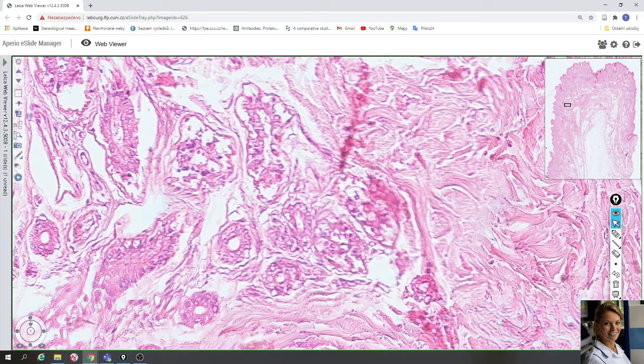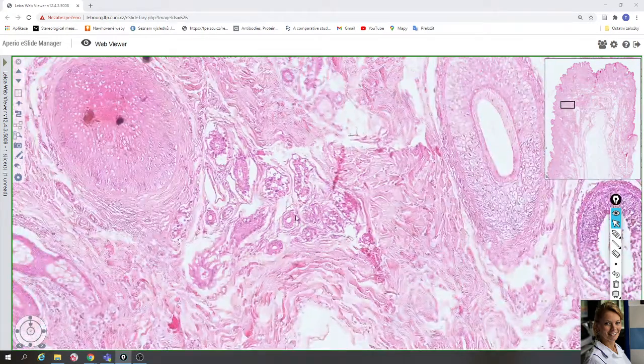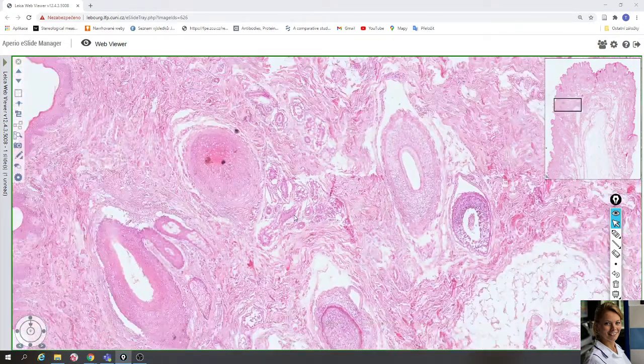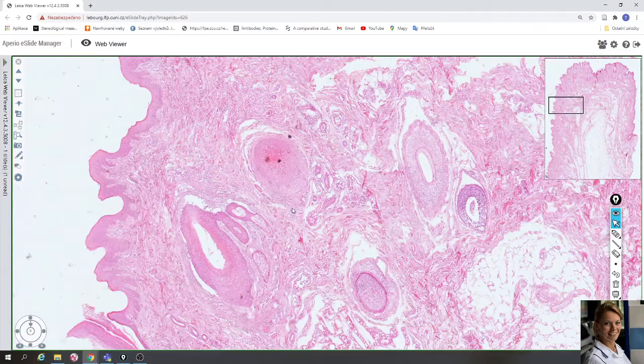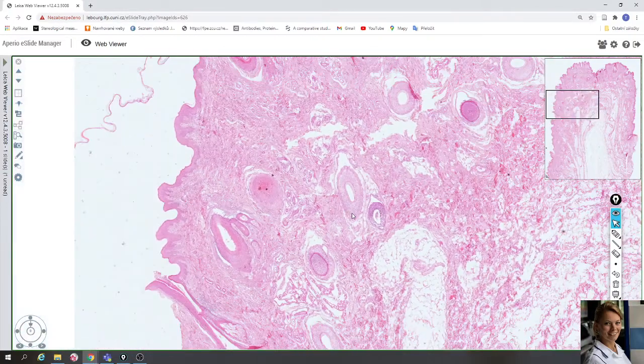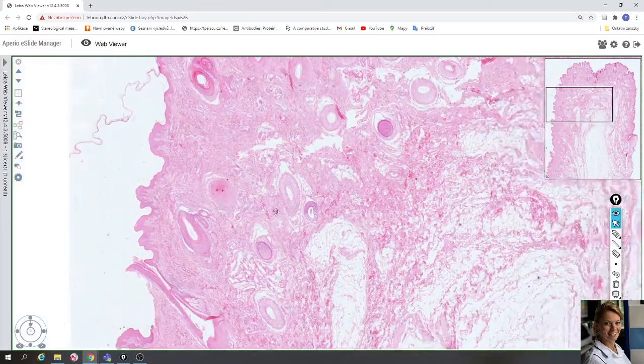Also you can find myoepithelial cells which help to move the product to the duct and into the surface of the skin. So these are the skin glands.